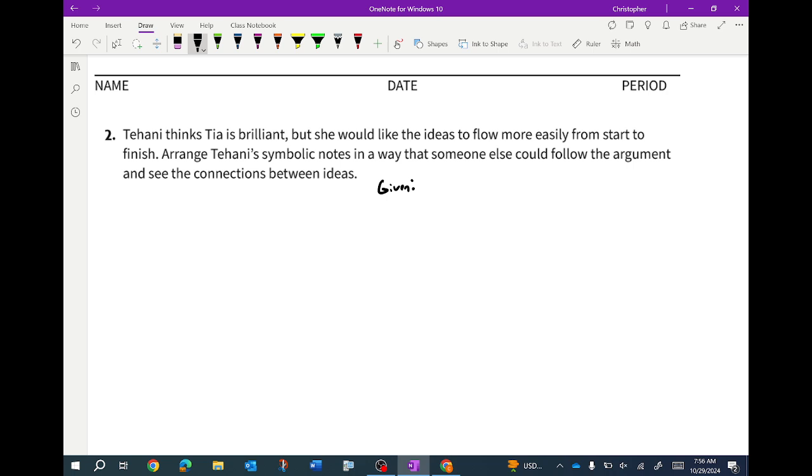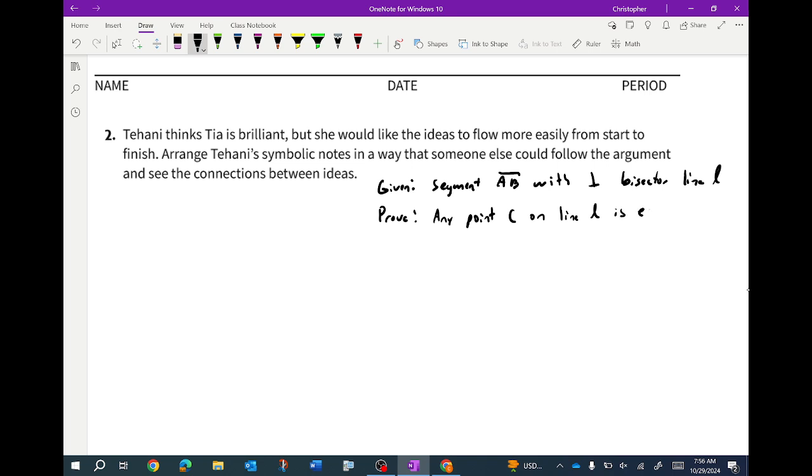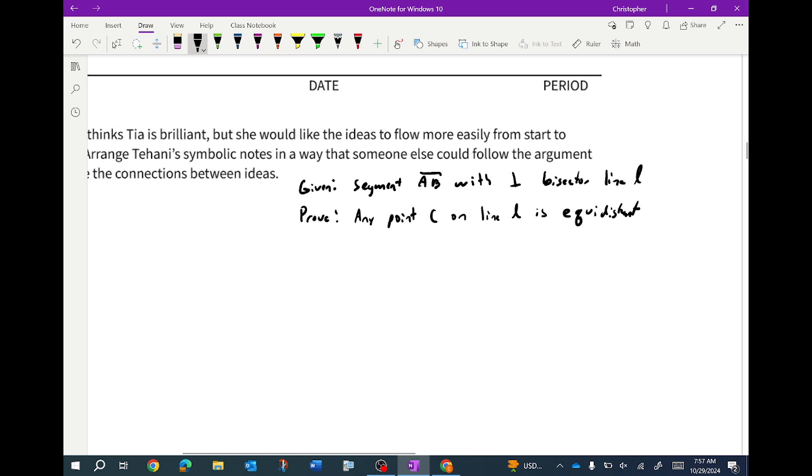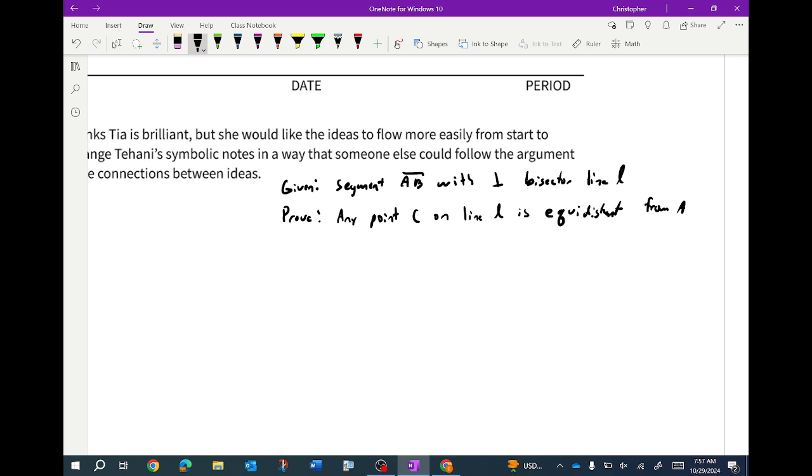So, given segment AB with perpendicular bisector line L, prove any point C on line L is equidistant from A and B.